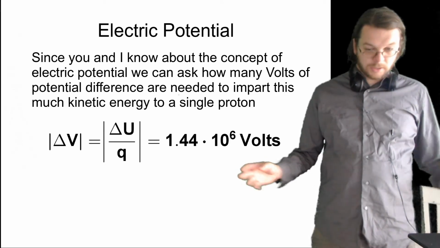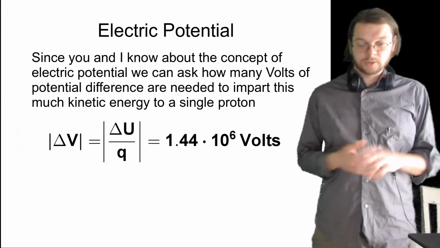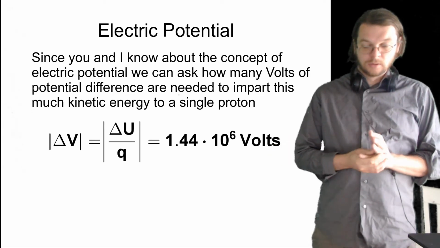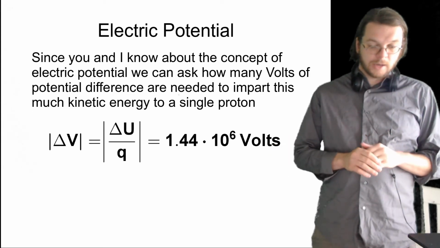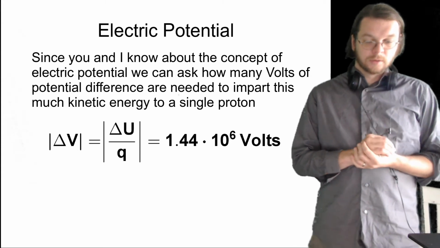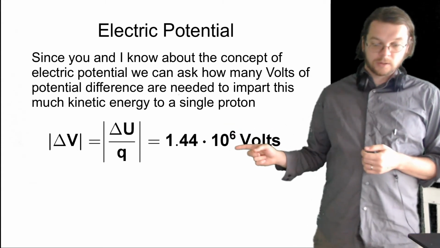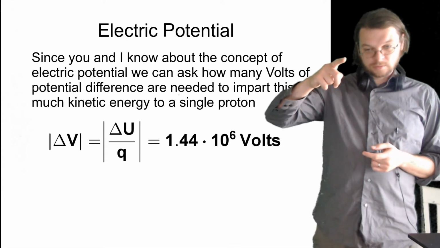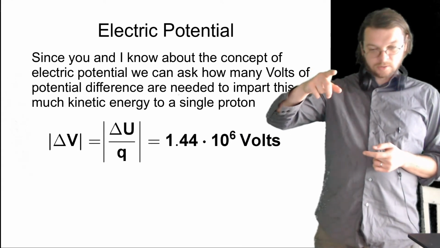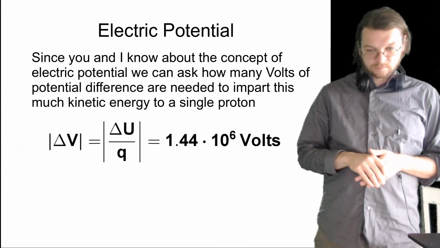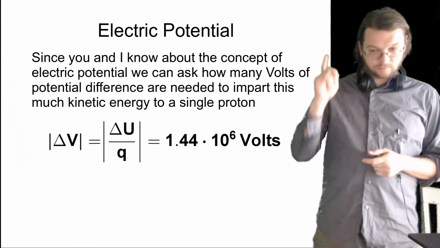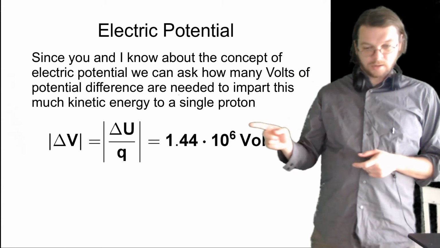The answer is that there are devices that can produce this. For example, hospitals will often have, so 10 to the 6, by the way, what's the prefix on that? Milli, kilo, giga? Think about it. This would be mega.